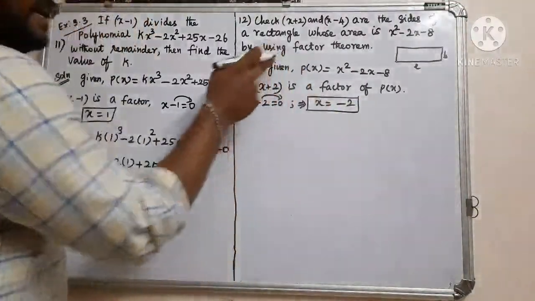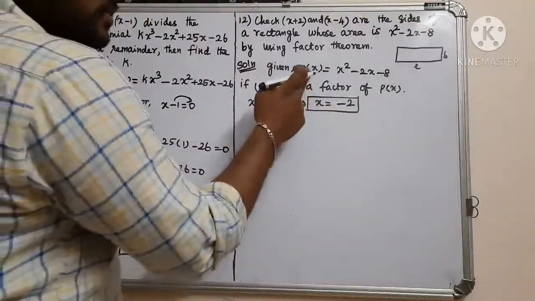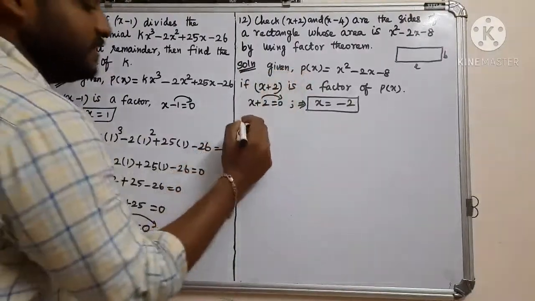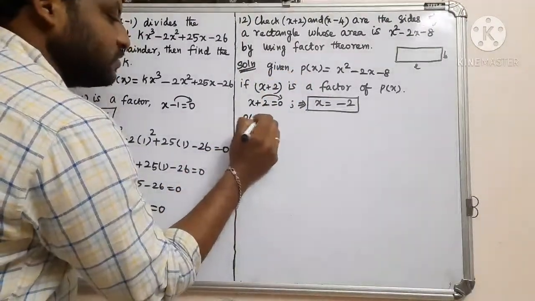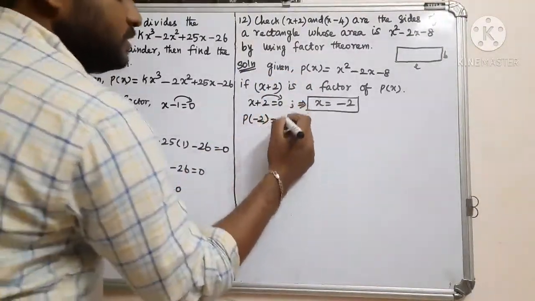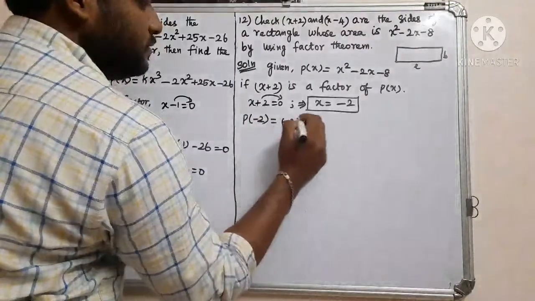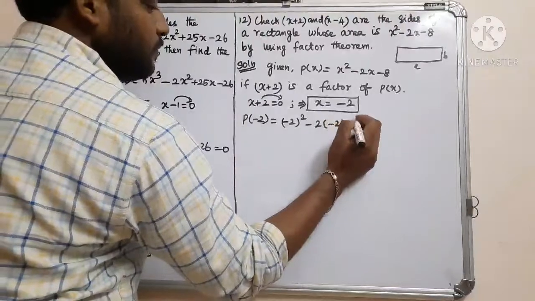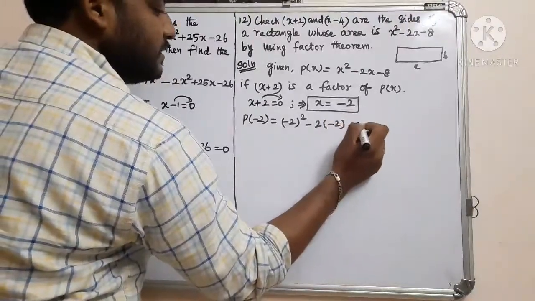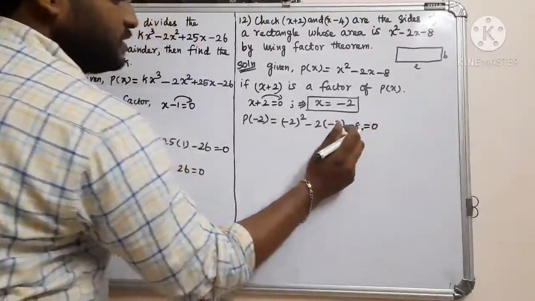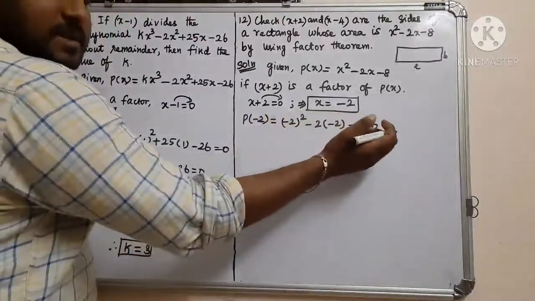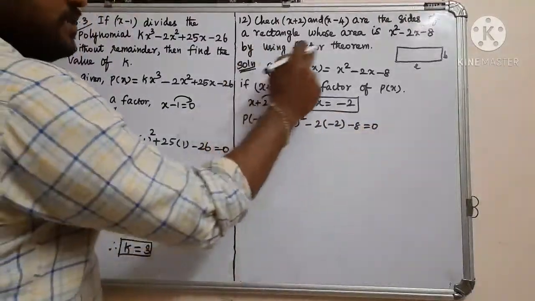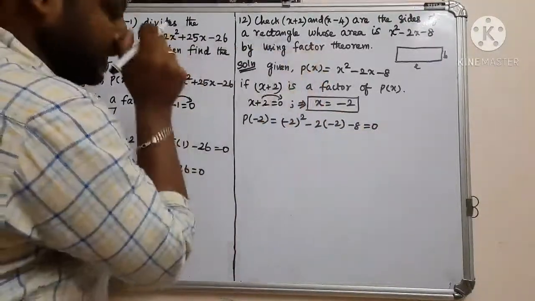Okay, substitute the value x is equal to minus 2 into the polynomial p of x. So p of minus 2 is equal to minus 2 square minus 2 into minus 2 minus 8, which is equal to 0, because if it is a factor, the remainder must be equal to 0. That is only given as using the factor theorem.